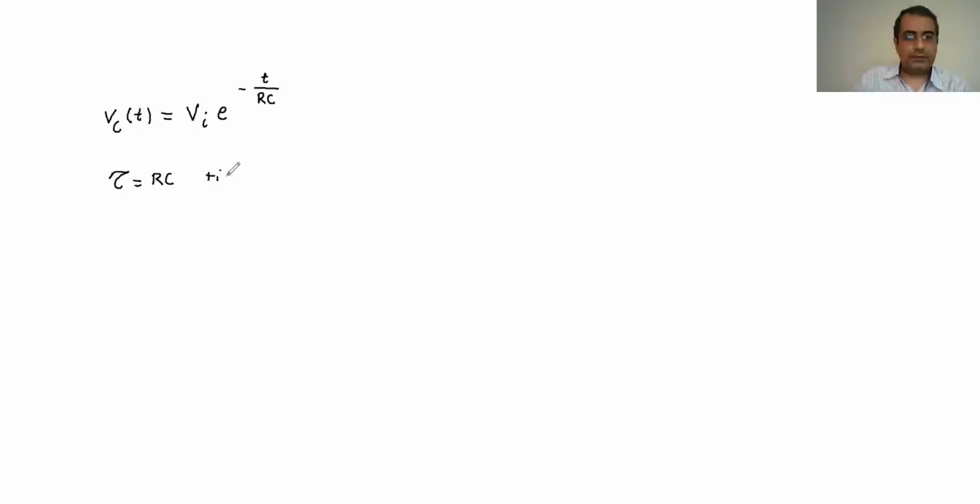So usually the solution to this equation is written as VI e to the power of, substituting the RC with that, negative t over tau.